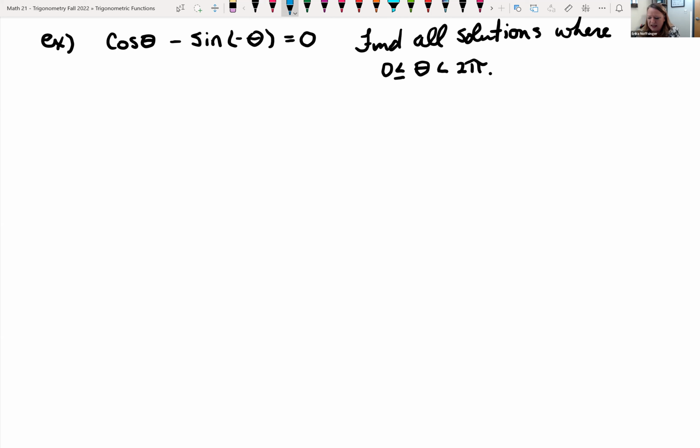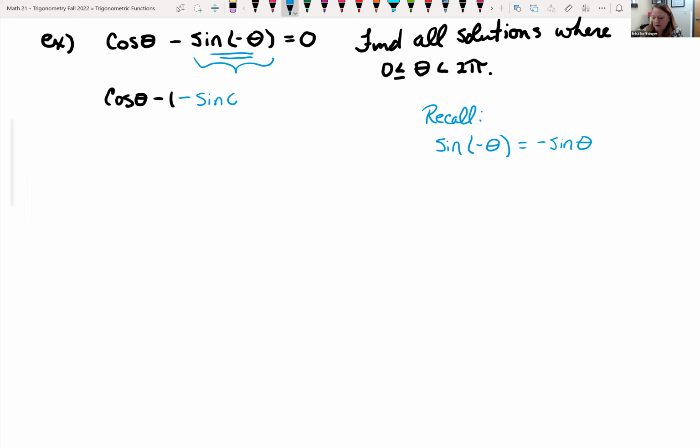And before I even do that, I'm going to rewrite sine of negative theta. So sine, recall, was an odd function. So since sine was an odd function, that told me that sine of negative theta was the same thing as negative sine theta. So here we really have cosine theta minus the negative sine theta is equal to 0.